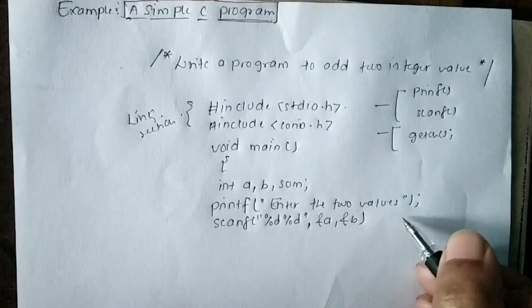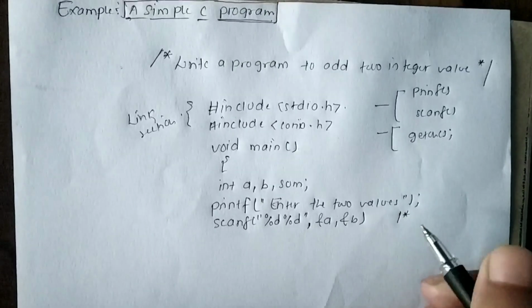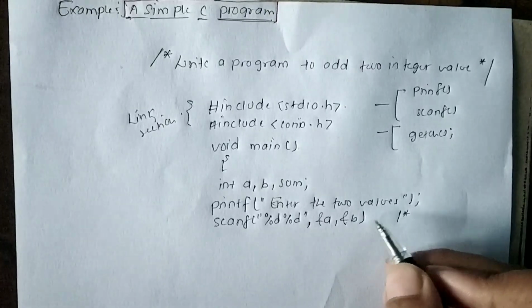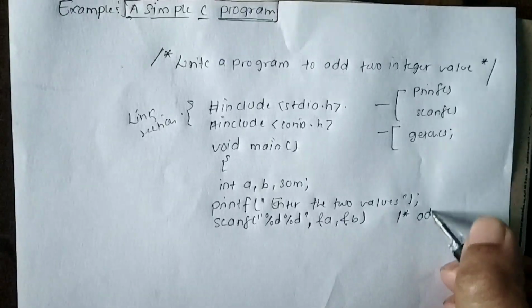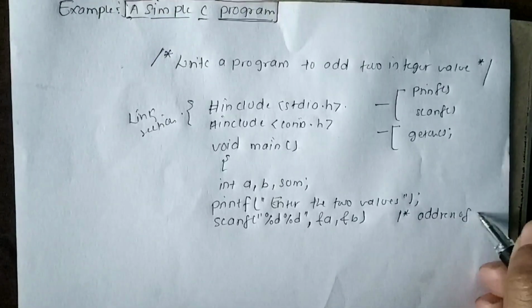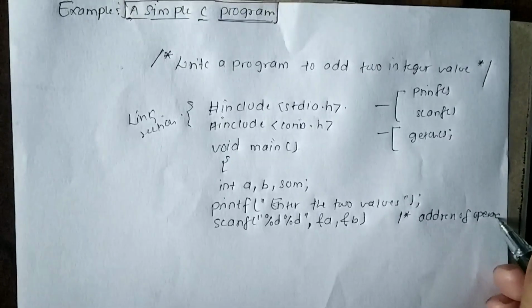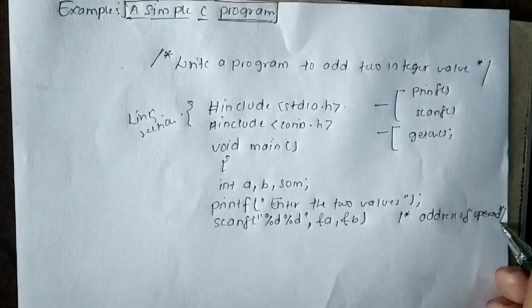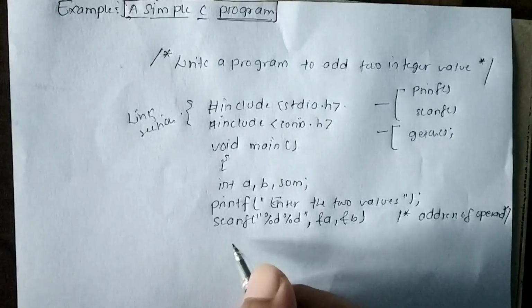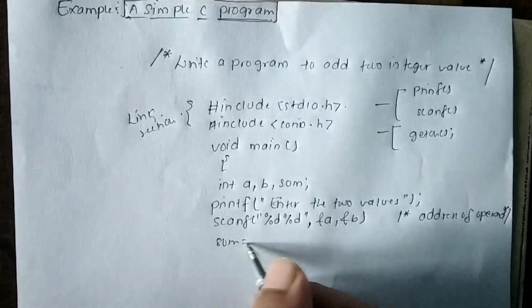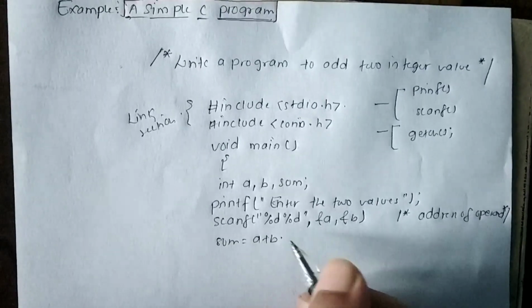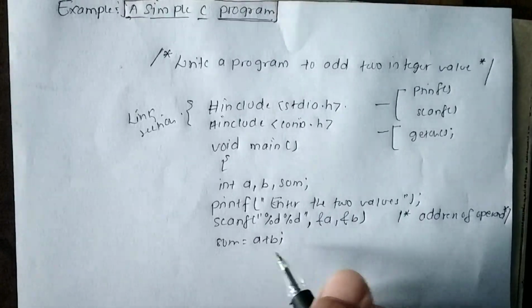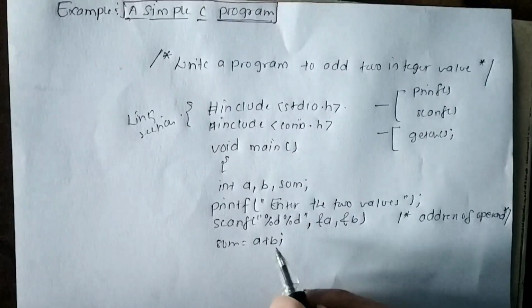The &a and &b are used for the address of the operands. Now sum is equal to a plus b. We are going to sum up the values of a and b.